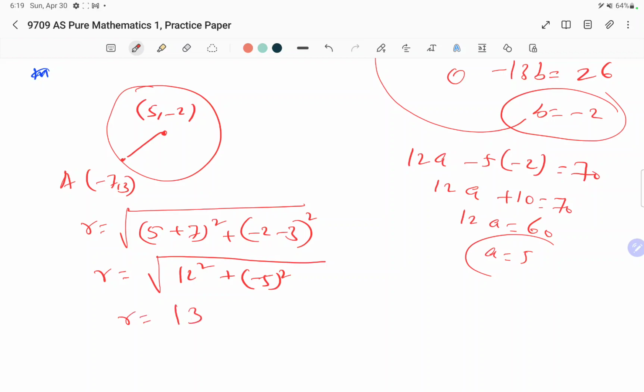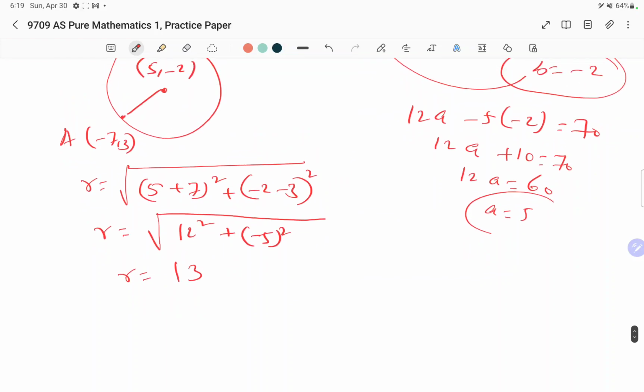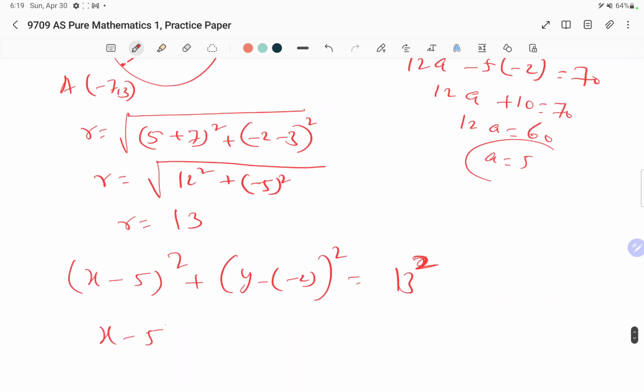When you solve, you will get 13. So r is 13. So now we have the center and we have the radius. So (x minus x1) whole squared, which is 5, plus (y minus y1) whole squared equals r squared. So finally (x minus 5) whole squared plus (y plus 2) whole squared equals 169.